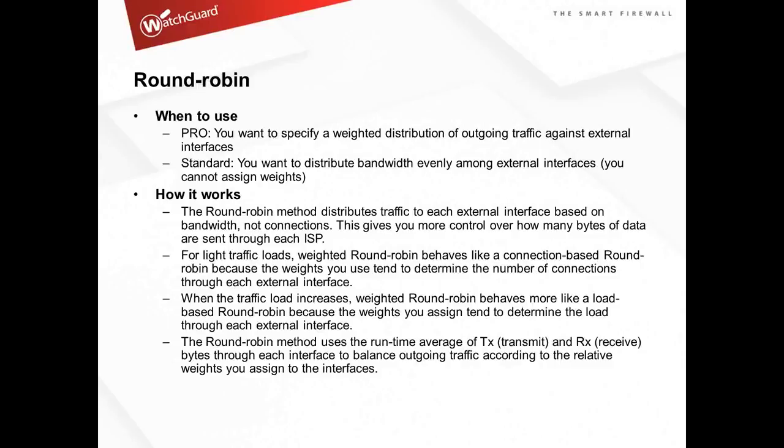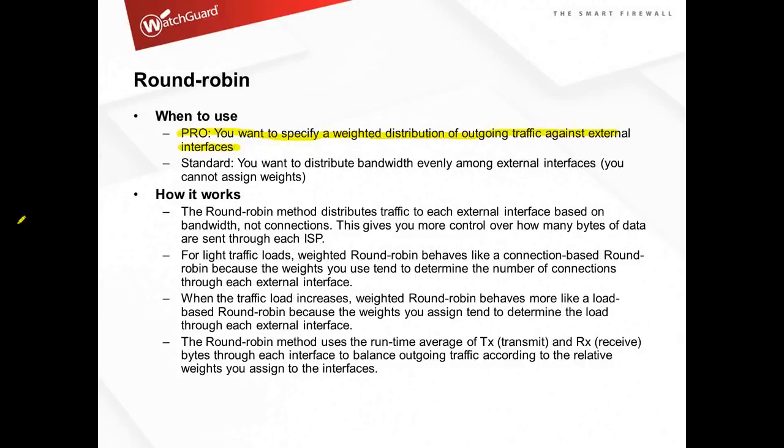And again here, I apologize for all of this text on the slide. I just wanted you to be able to reference it. But when we talk about round robin, I wanted to bring your attention to a couple of things. If you do have the Pro upgrade, maybe you want to specify a weighted distribution of outgoing traffic against external interfaces.